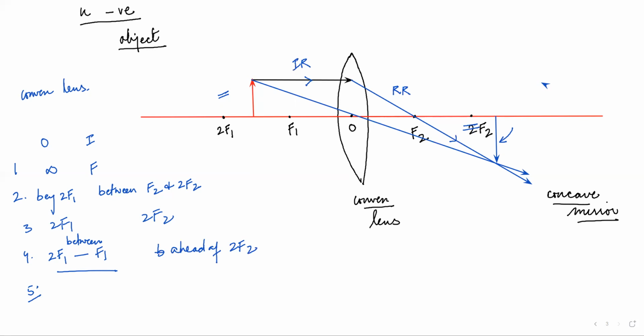Okay, fifth case. Now students, where will be the object? I'll bring the object to F1. If the object is at F1, this is the ray passing through focus, and the second ray passing through the optical center.